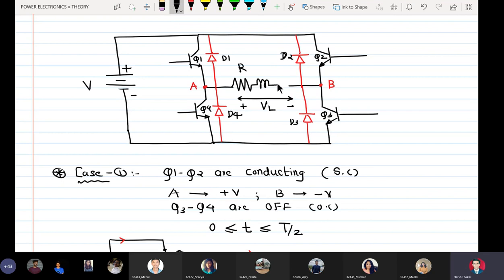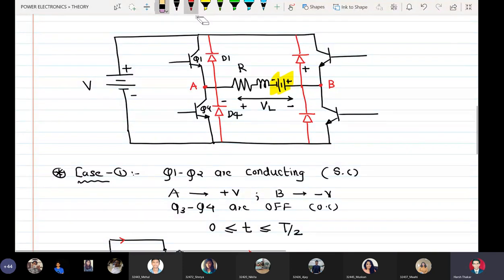See now students how it is creating a polarity here, plus and minus. See carefully this voltage. This plus goes here and this goes here. I am very sorry, it is actually Q2 and it is D2.